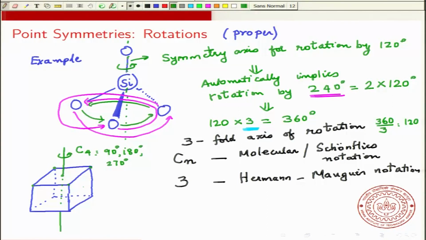Now, you can also have a C4 axis like this, passing through this face. Okay, so this is another C4 axis. Okay, and you can have a third C4 axis passing through this face.